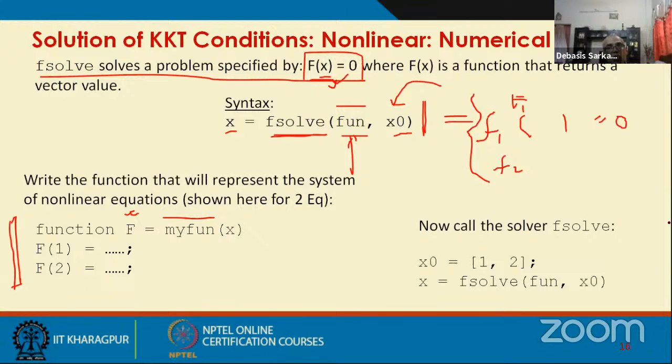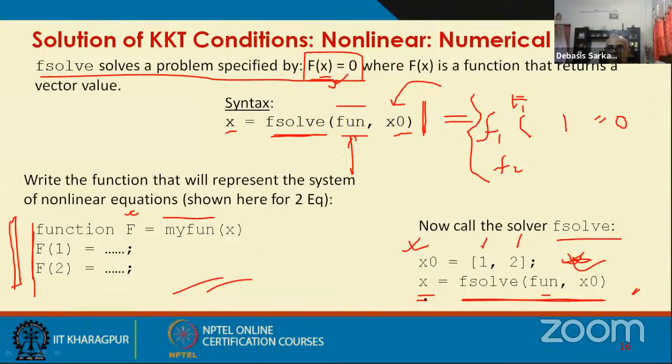And then you just call the solver fsolve with initial guess. Let us say I have these 2 variable problems. So initial guess for x1 equal to 1, initial guess for x2 equal to 2. So x0 vector is represented like this. And then I just call fsolve with the arguments of this function which I have defined, and x0, which is defined like this as initial guess.